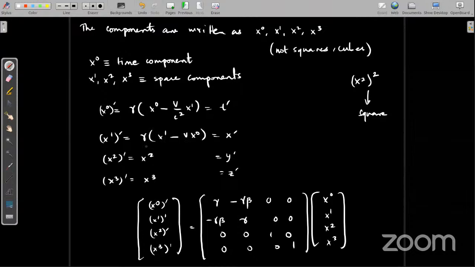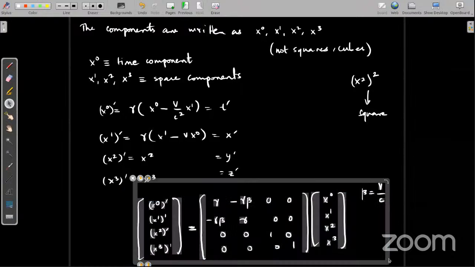You can work it out, or just take my word for it, that these 4 equations can be represented in a matrix form like so, where beta is just v over c. And this can again be simplified into a simpler matrix notation, the 4-vector form. So now we'll get into the 4-vector form. Let me just copy paste this.